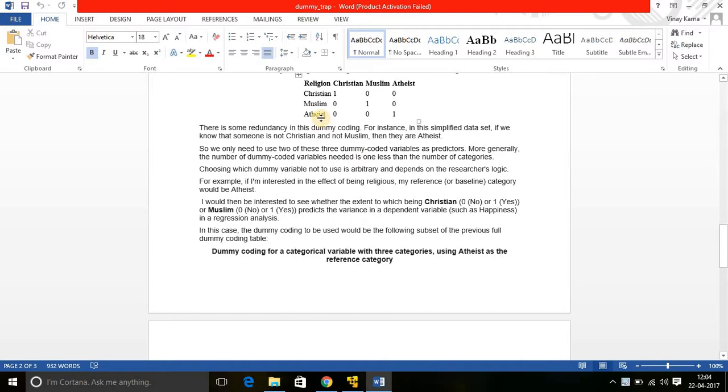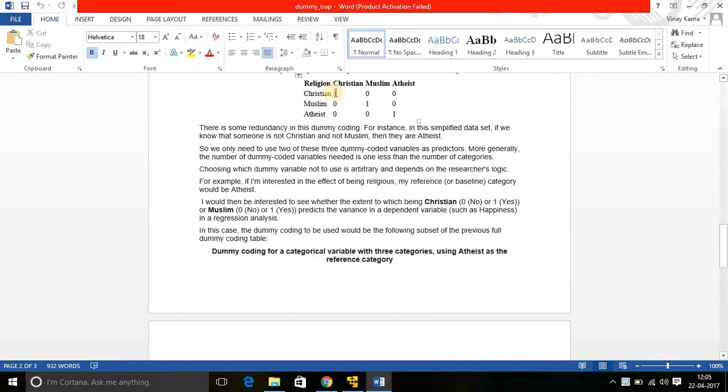So now here are three categories. Let's say if he or she is a Christian, then the dummy variable is 1. If not, it is 0. If he or she is a Muslim, then the Muslim dummy is 1. If not, it is 0. Now let's think about it. What if both the Christian and Muslim variables are 0?